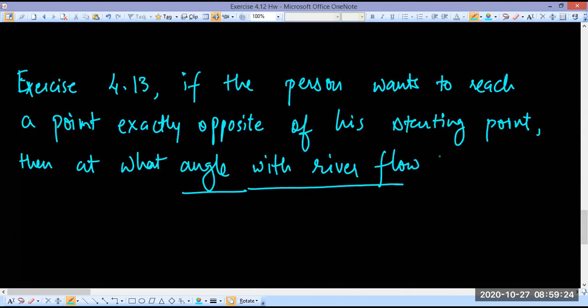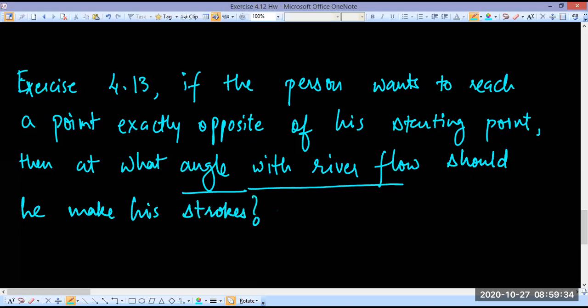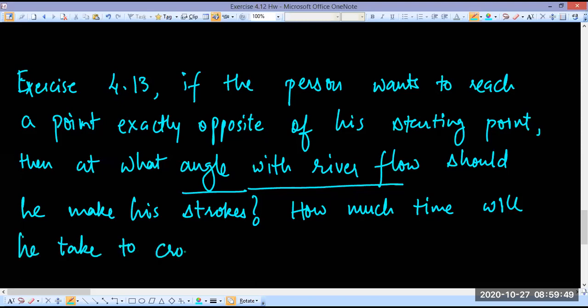So then at what angle with river flow should he make his strokes? Okay, so this is one question. And related to this, how much time will he take to cross the river in this case?